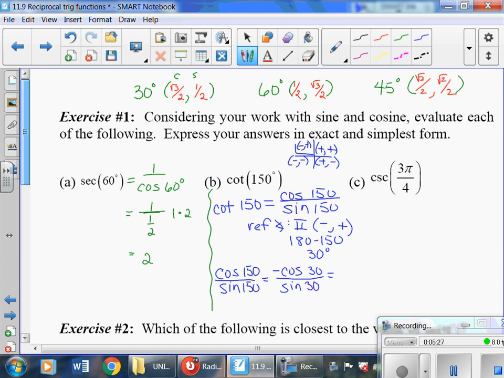The cosine of 30 degrees is radical 3 over 2, and my sine of 30 degrees is a half. Again, if you need to put this into your calculator, you can, but the 2's will cancel, and we're simply going to be left with rad 3. So the cotangent of 150 degrees is equal to negative rad 3.